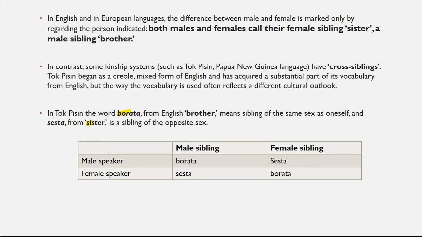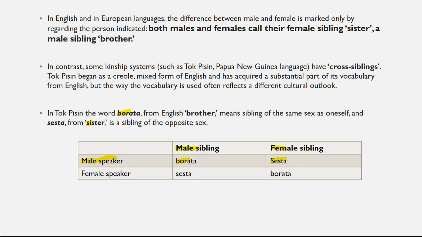So the speaker's gender is important in this language. If a male speaker, for example, is speaking about his male sibling, it is the same as English, borata or brother. If I am talking about my female sibling, I say sesta, as in English, sister.